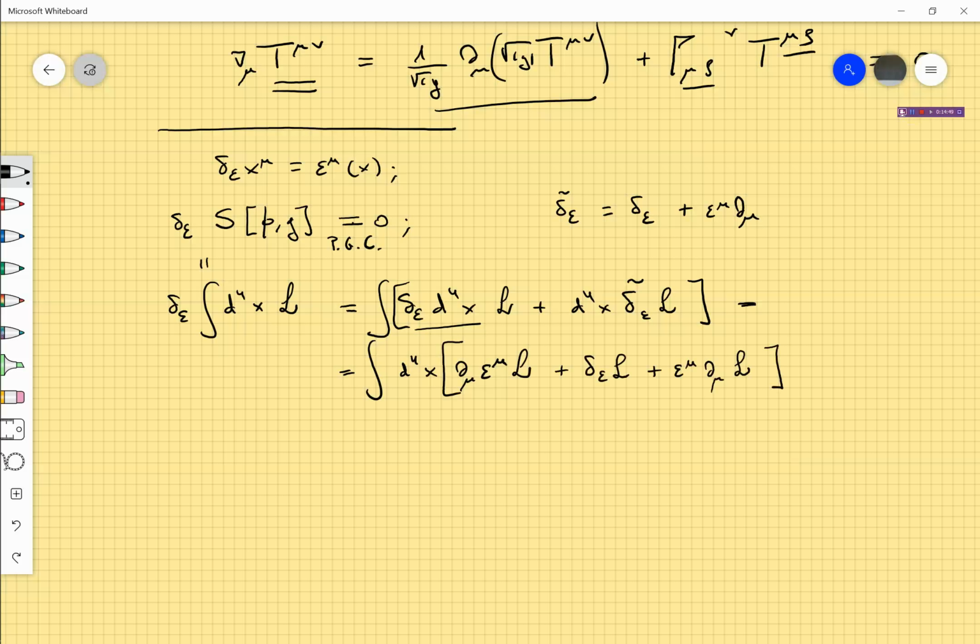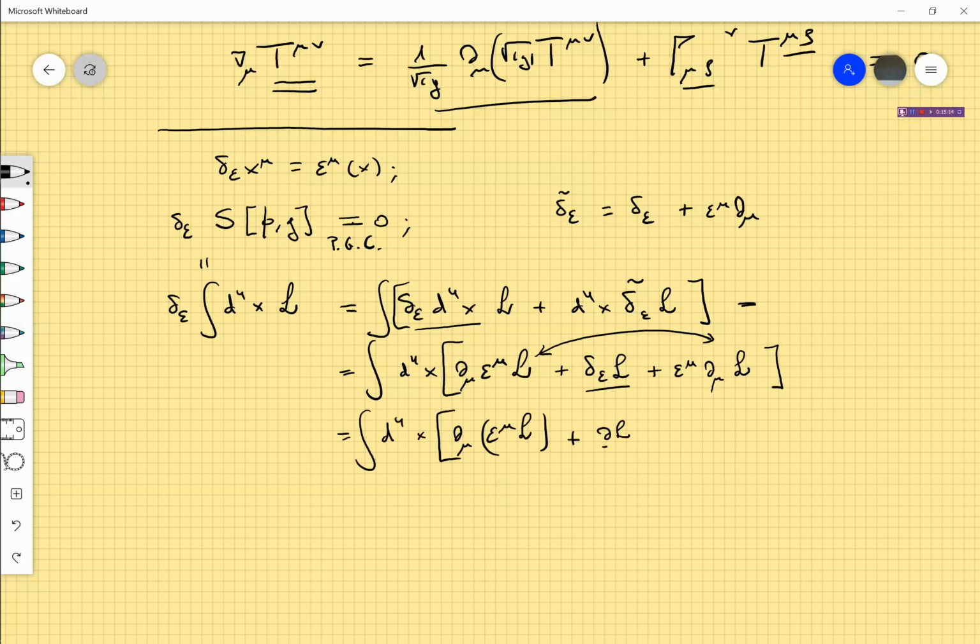Okay. Now I can combine these two terms into a total derivative. And this delta epsilon L, I vary L as usual.